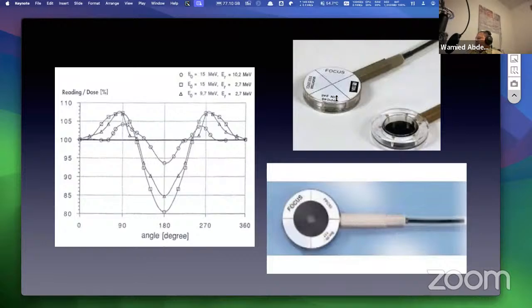So when you position the chamber in the phantom, we really have to be careful. This is a plot showing how the response of the chamber, the reading, is affected by the position or the angle, the direction of the beam with respect to the chamber. And it's not negligible. It could be about 5% or even 10% lower based on that.